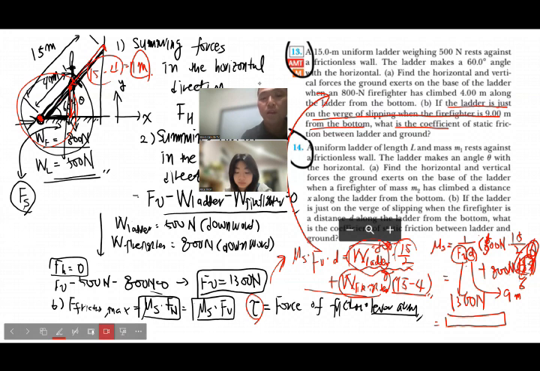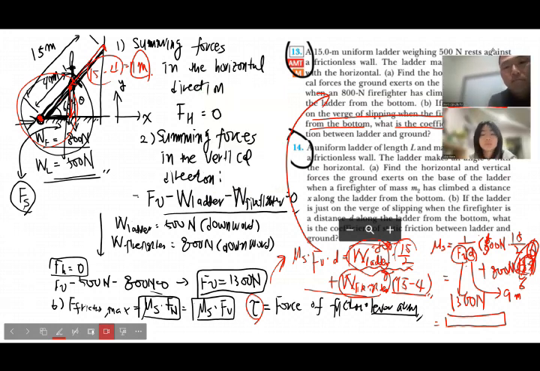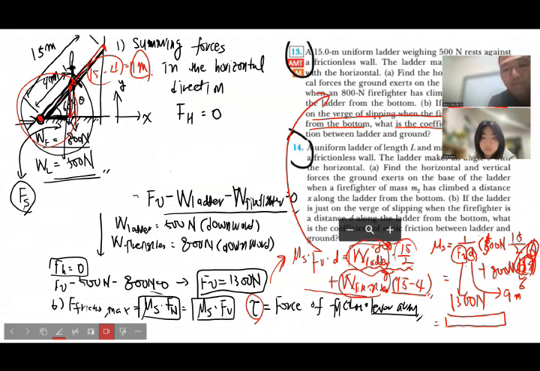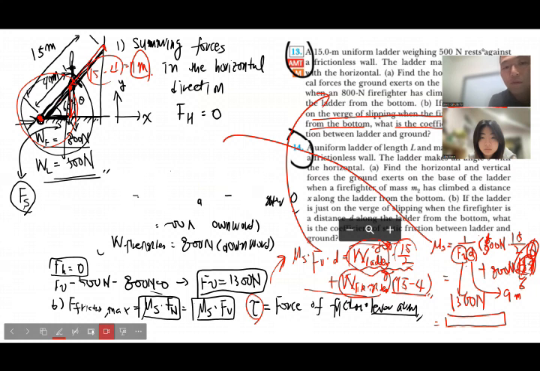Okay, so here, frictional coefficient. So this one, mu_s should be 1 over vertical force times the lever arm: 500 Newton times 15 over 2 plus 800 Newton times 15 minus 9 meter.